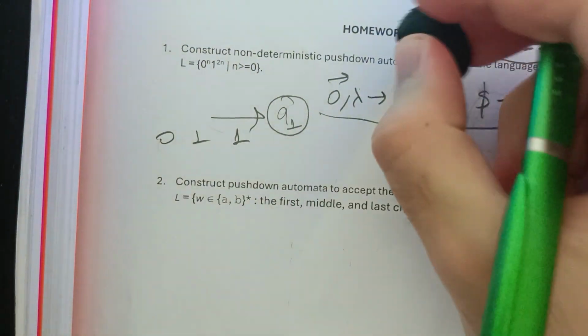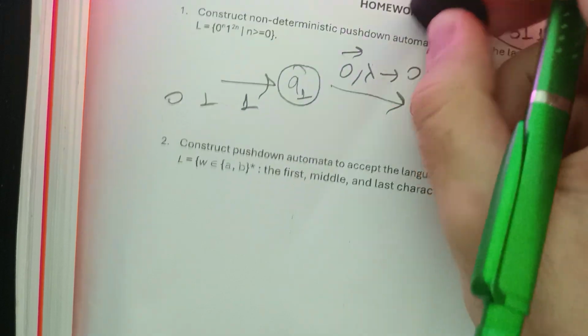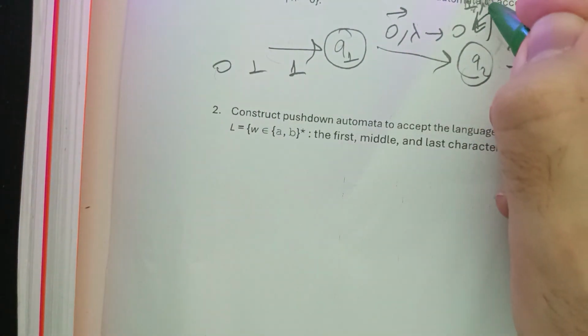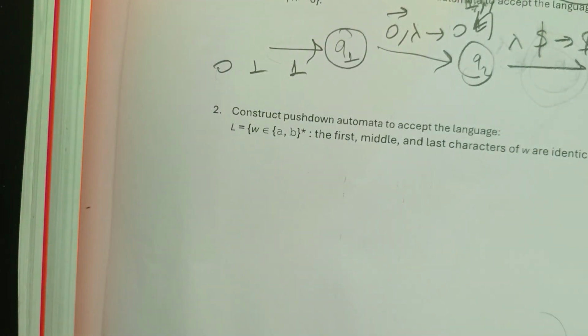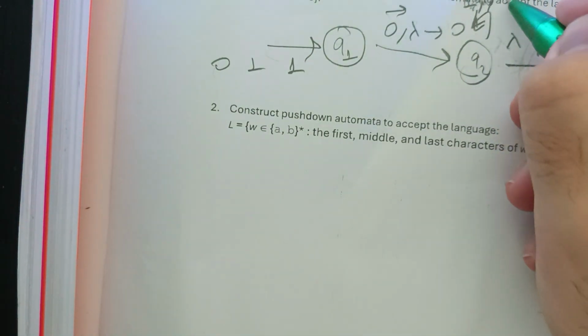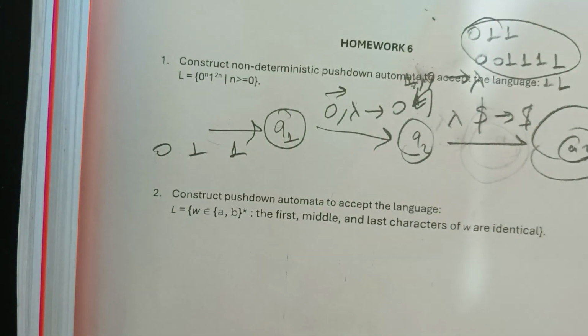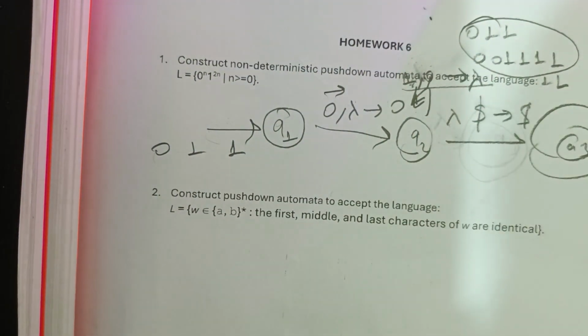If we go with 1 right here, 1, 0, let's omit lambda right here.